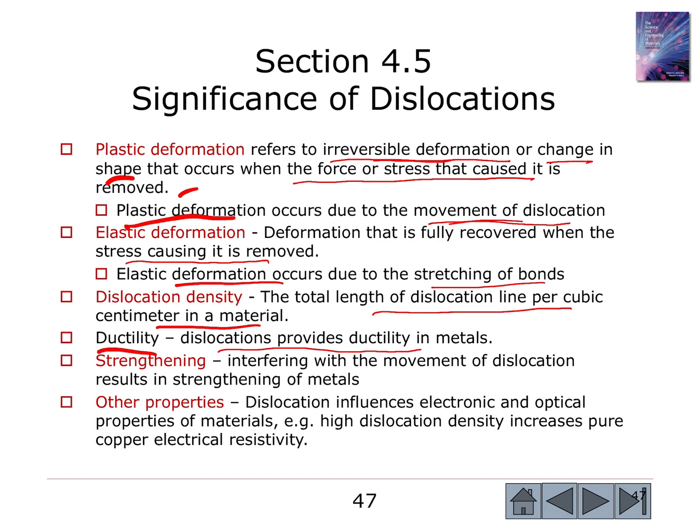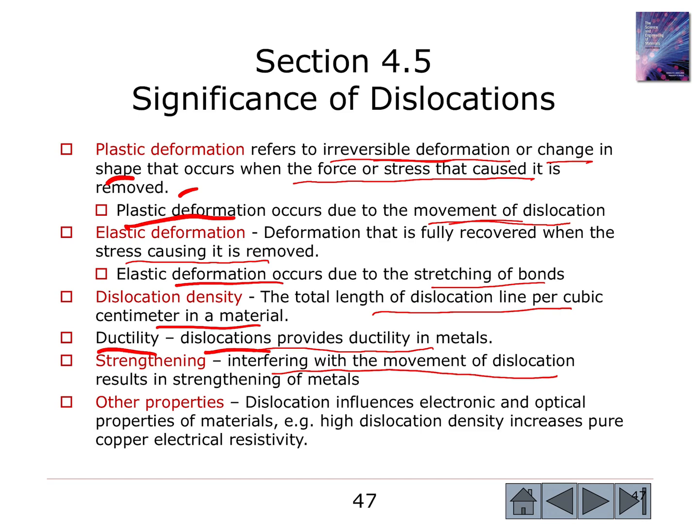What is ductility? Dislocation provides ductility in metals, right? So ductility mainly comes from the dislocation motion. Strengthening means interfering with the movement of dislocation. The easier the motion of the dislocation, the more ductile the material is going to be.